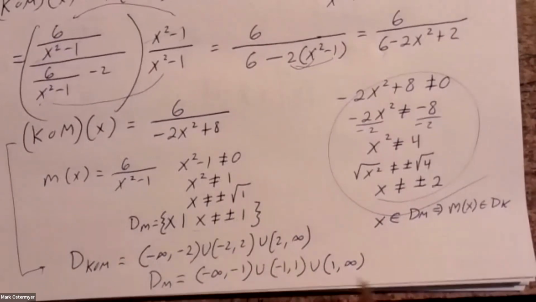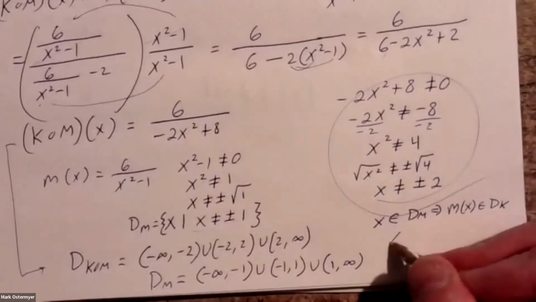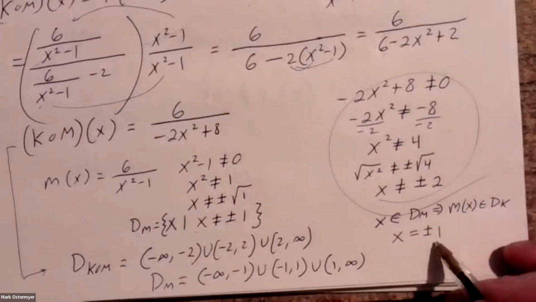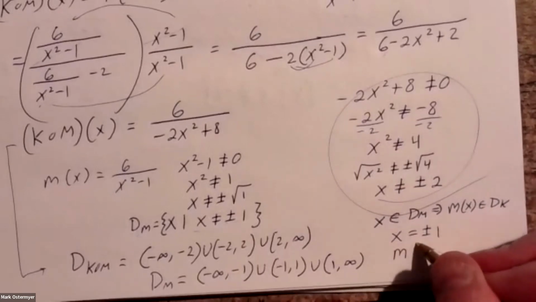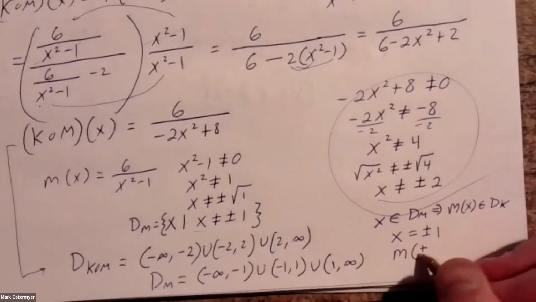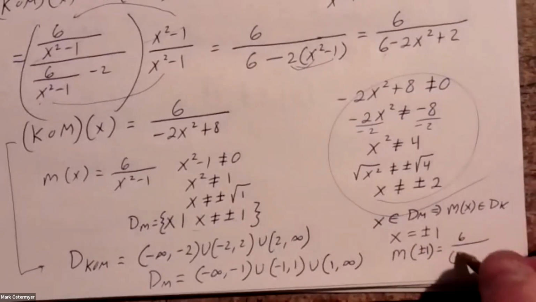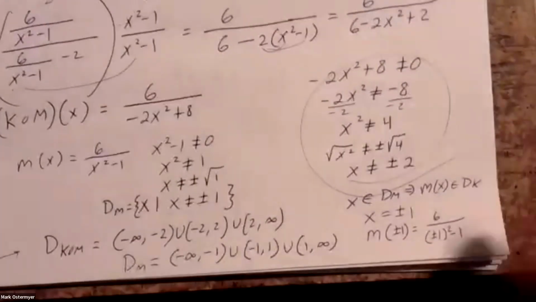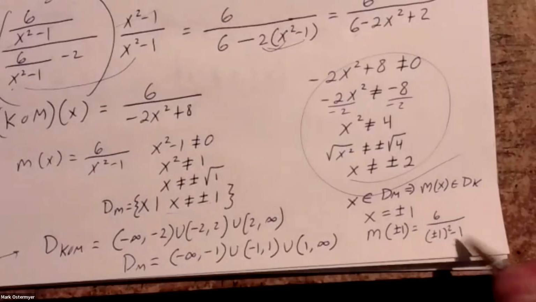Because if we have, let me see something here. Suppose I let x be positive or negative 1. And then I put positive or negative 1 in the function m of x. So if I evaluate function m of x at positive or negative 1, what am I going to get? I'm going to get 6 over positive or negative 1 squared minus 1. And you know what this is going to give me here?